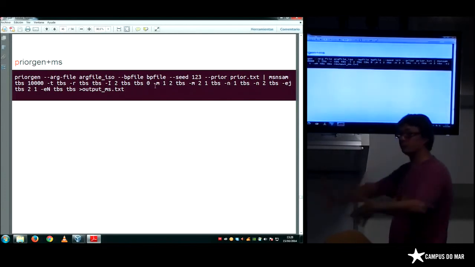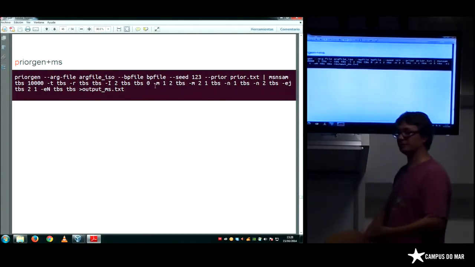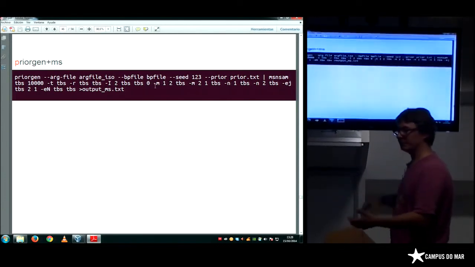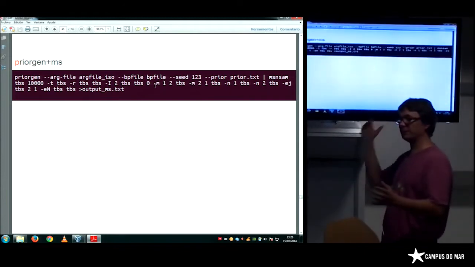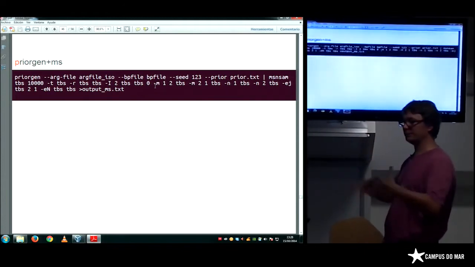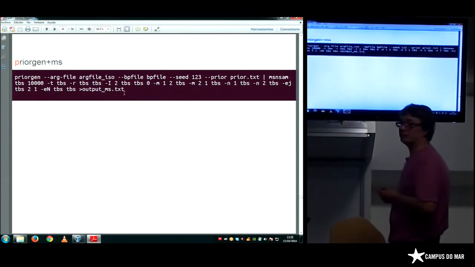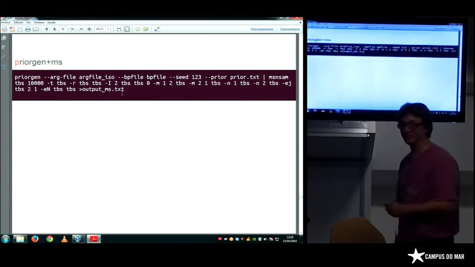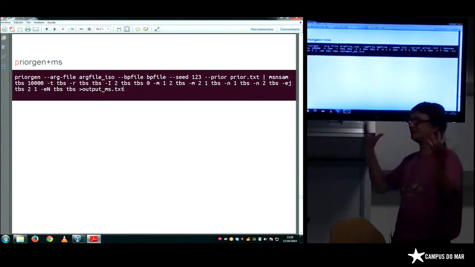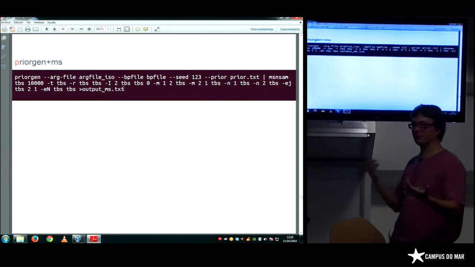And it can do all the simulations like that, automatically. So you have all the simulations ready for the analysis. And you can put the output of MS in a text file, which is not a good idea, but you can, because it takes a lot of space on your computer.